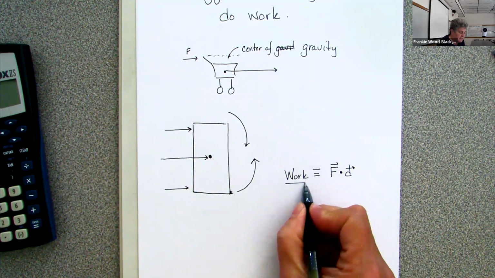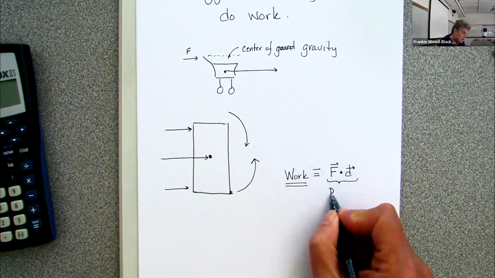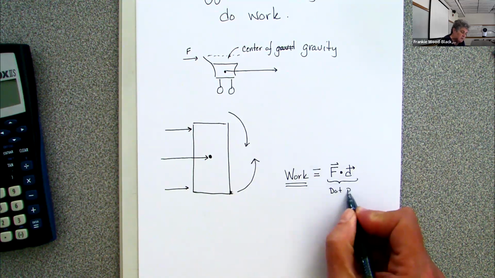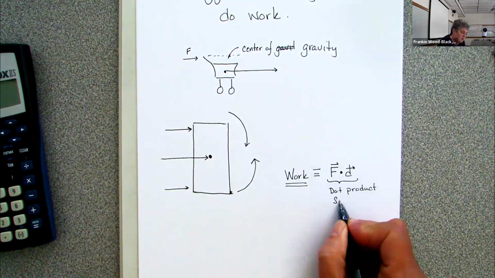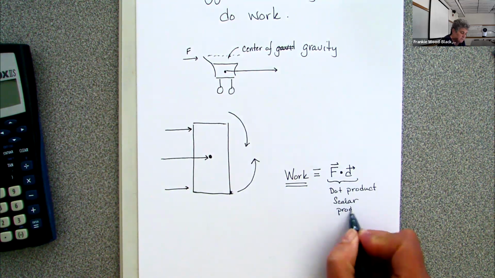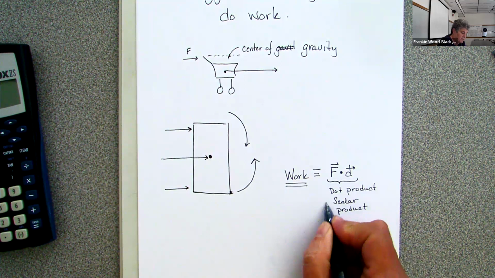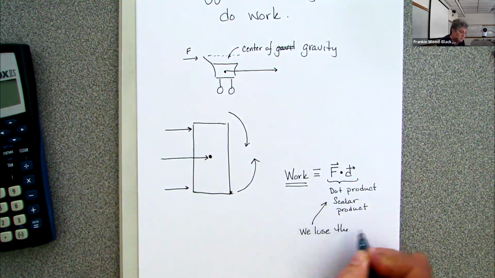But the thing that's about to happen here is by using this dot product, which we also call a scalar product, what happens is we lose the vector character.